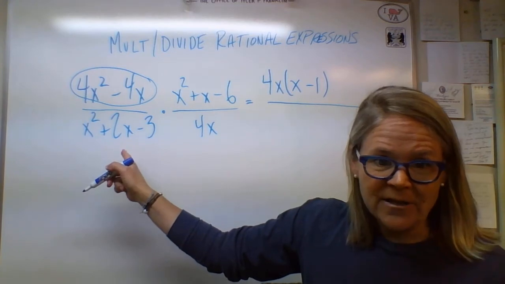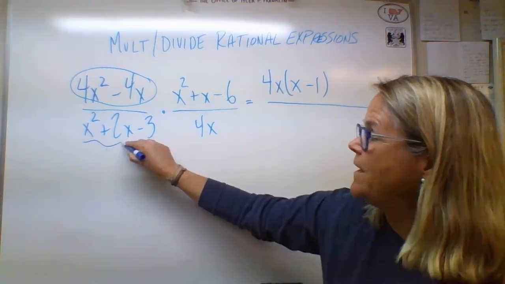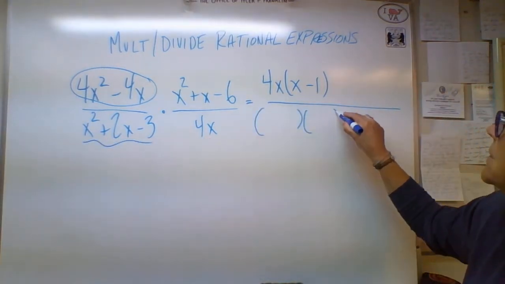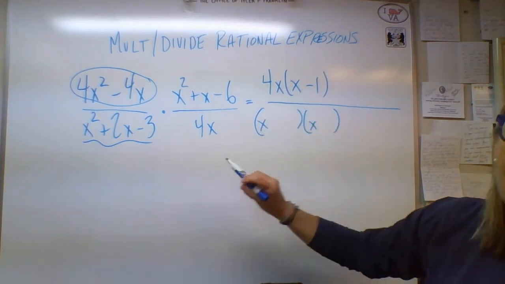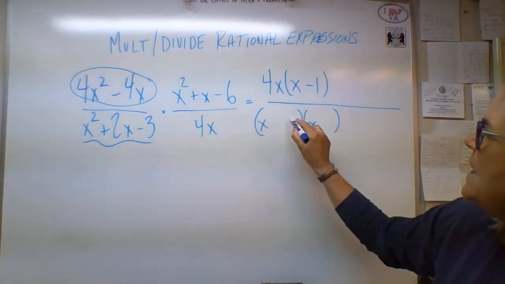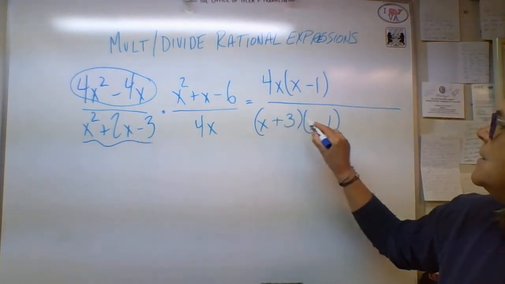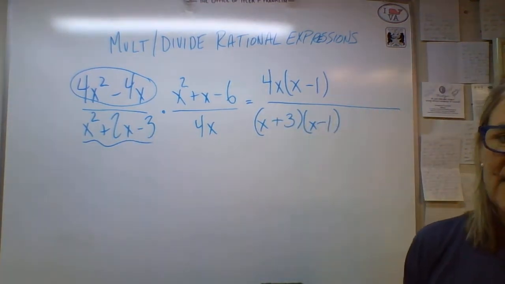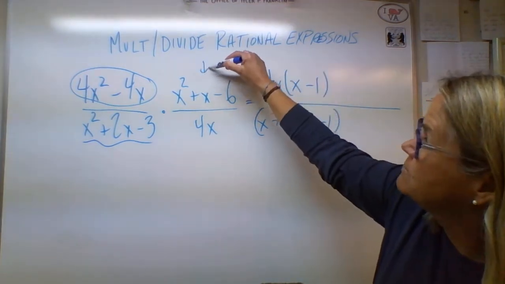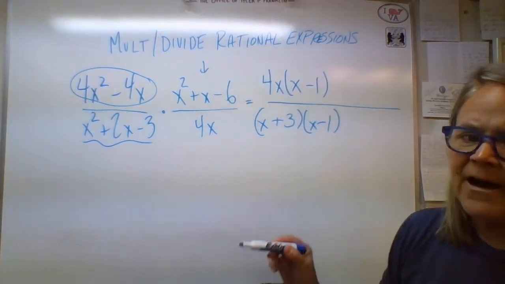Now we factor this. Well, this is regular old factoring. Two numbers that multiply to give you 3, subtract to give you 2. Now we're going to go to this one on the top. Factor.